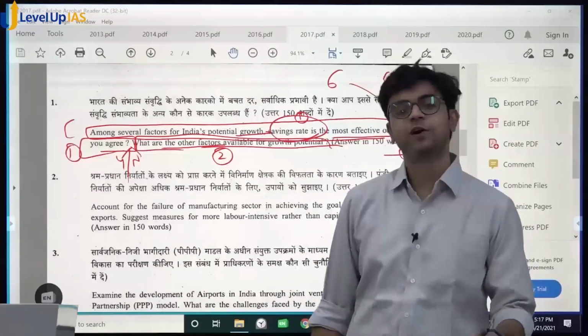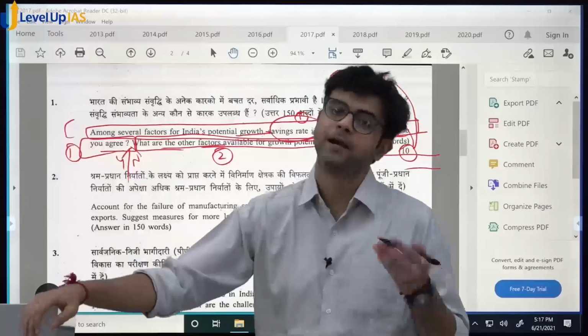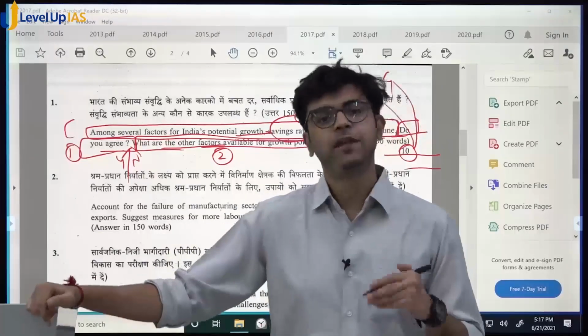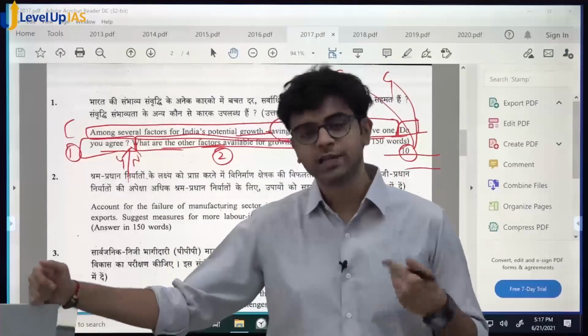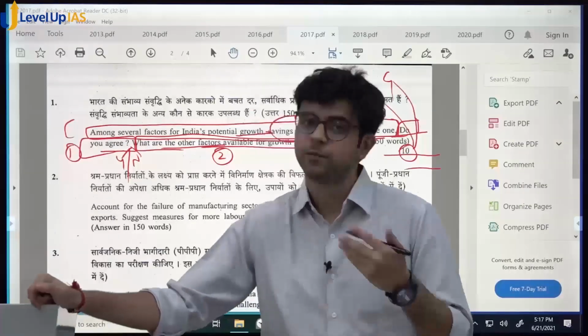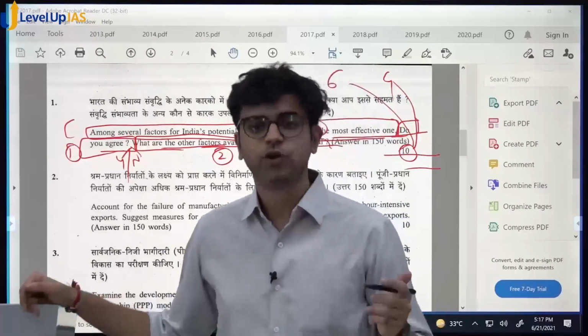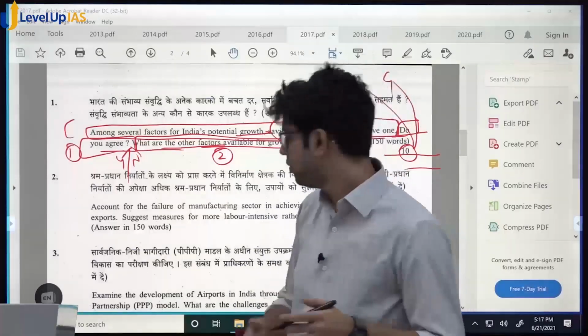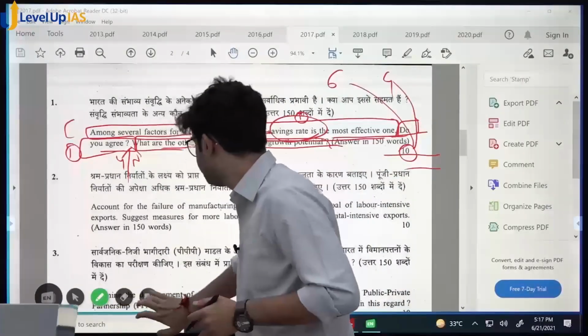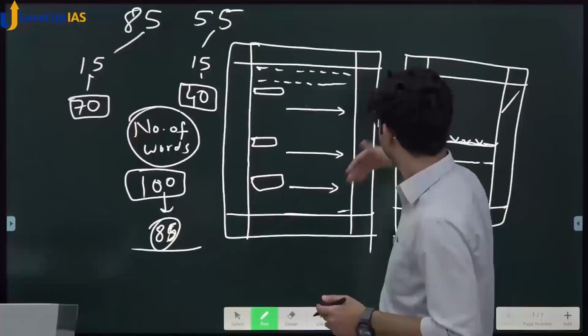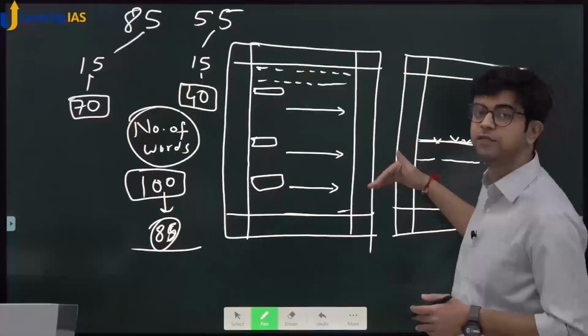Now if one part carries 6 marks compared to the second part carrying 4 marks, how many words should you allocate? More words to the first part. Yes or no? Your total space should be more for the first part.